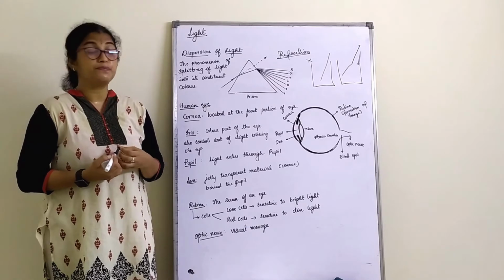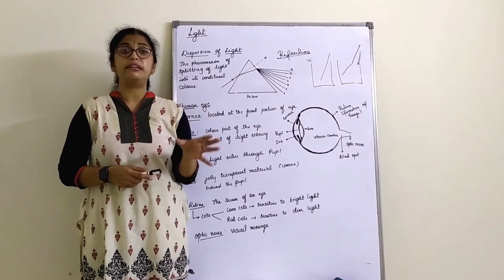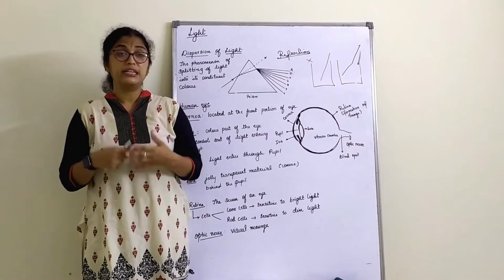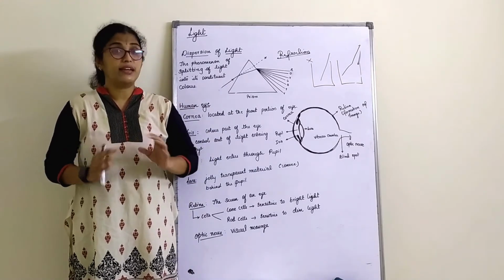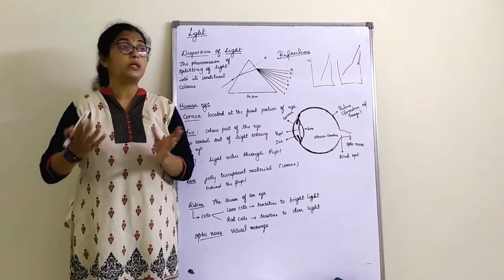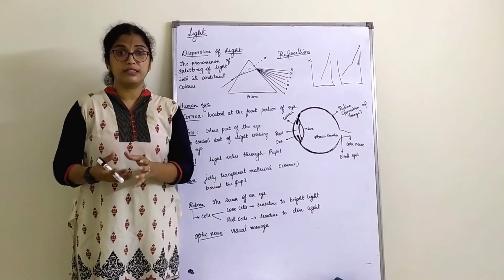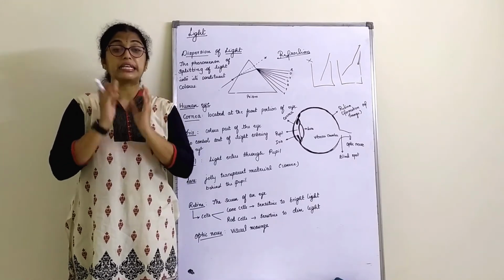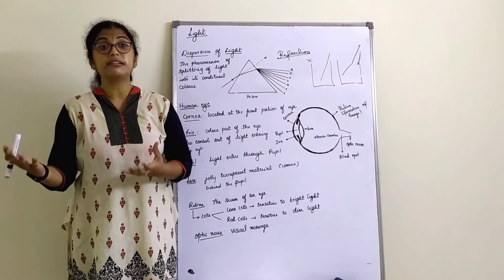Now for example, you enter into a dark room. Okay, let me take an example. You enter into a movie theater, right? Initially when you enter into a movie theater, it is very dark, correct? You're not able to see things around. Suddenly after 2-3 minutes, your eyes get adjusted to that light, right? And you start seeing things around you.